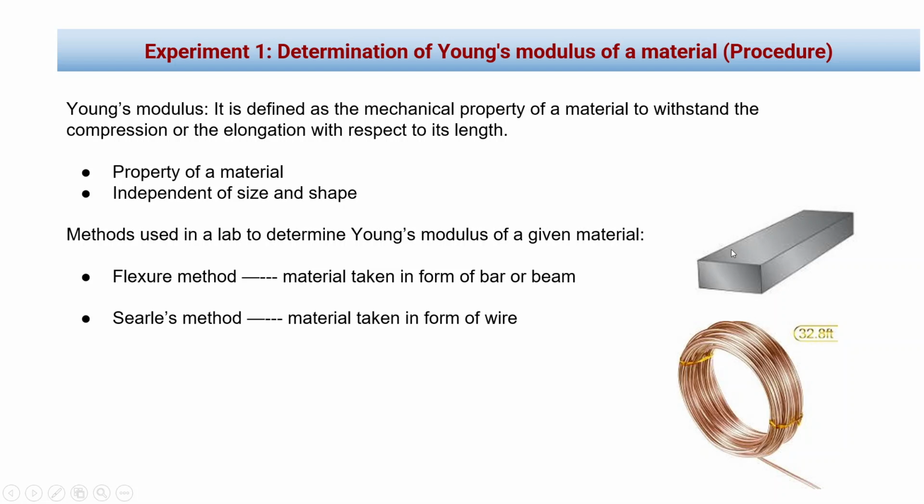Whereas there is another method called Searle's method, where the material is taken in the form of a wire. This is a bundle of wire, but as you can see, for our experiment we can take the required amount of straight wire out of this bundle and do our experiment on that to determine the Young's modulus for that particular wire material.